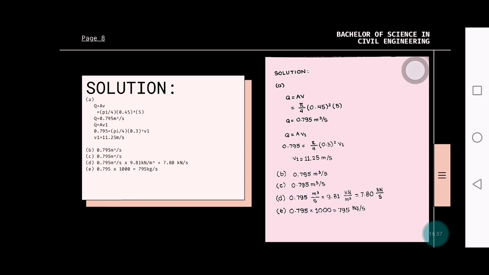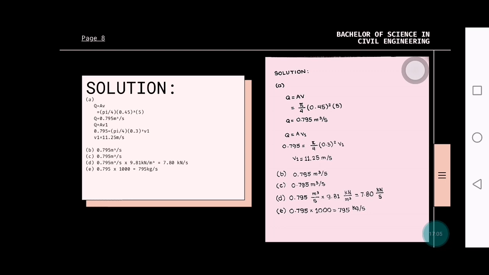So our answer is pi all over 4 times 0.45, converting millimeter to meter, squared times 5 is equals to the discharge of 0.795 cubic meter per second. So discharge is equals to A V sub 1.